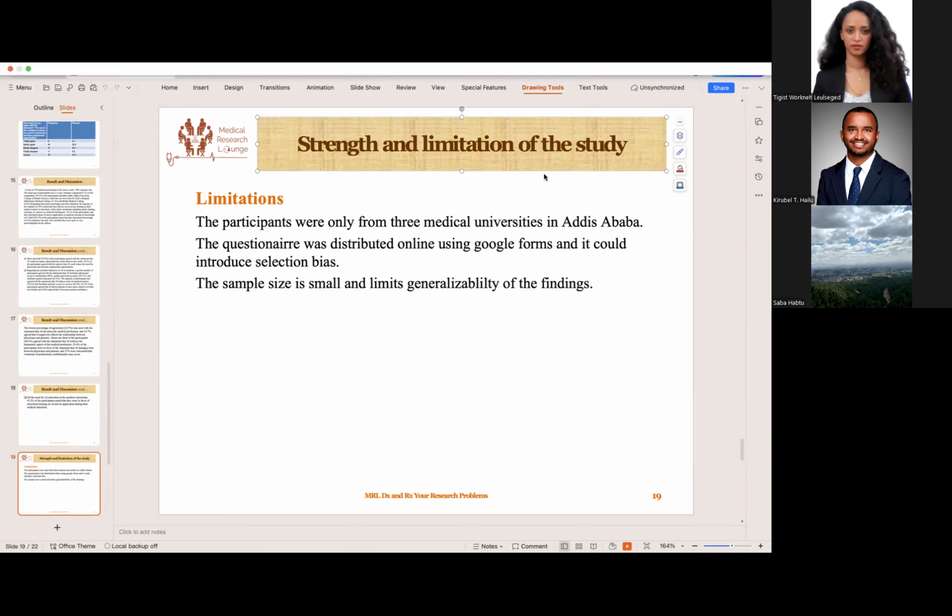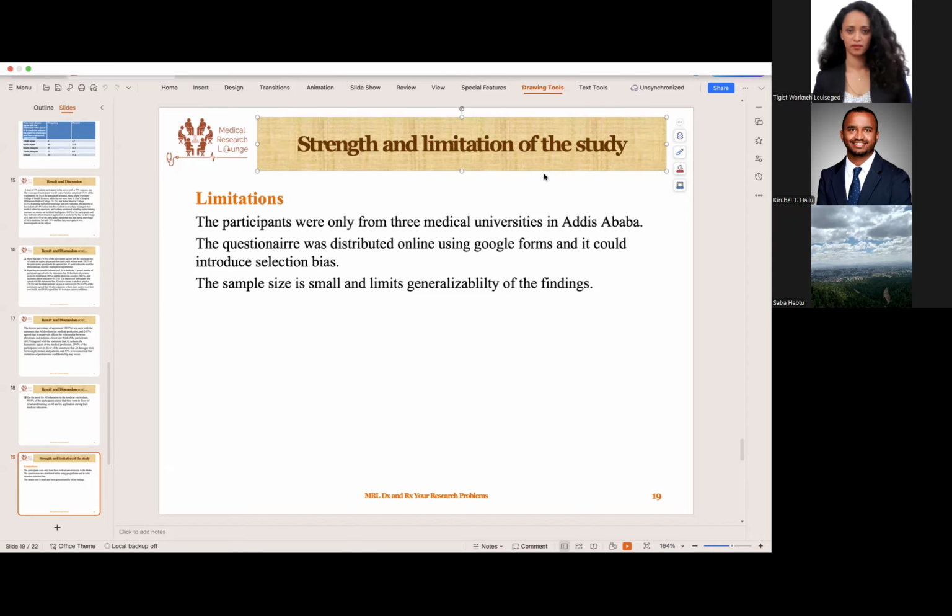when we chose the questionnaire, we reported that we adapted it from an Indian study, and that questionnaire was also adapted from another questionnaire which was used internationally, and it was validated.